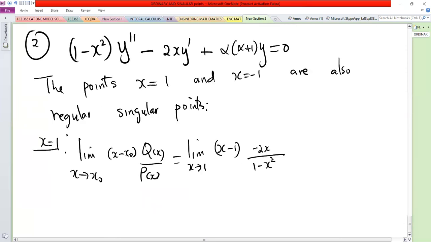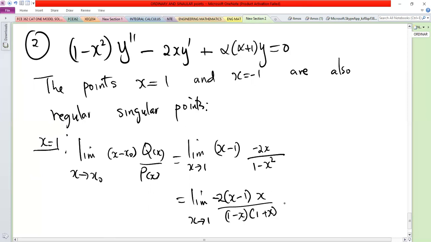This is the same as the limit as x approaches 1 of (x minus 1) times minus 2x over (1 minus x)(1 plus x).